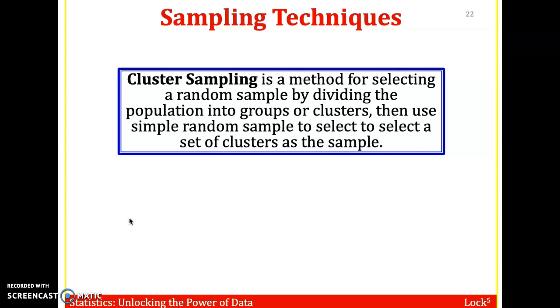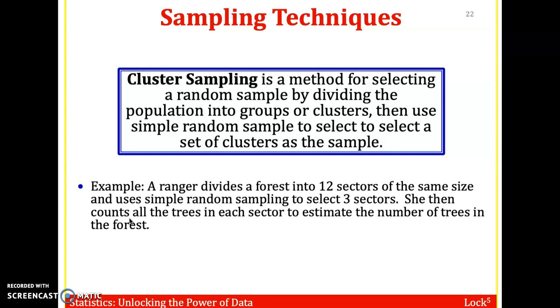There's something called cluster sampling. It's a method for selecting a random sample by dividing the population into groups or clusters, then using simple random sampling to select a set of clusters as a sample. An example of this: let's say a ranger divides a forest into 12 sectors of roughly the same size, and then uses simple random sampling, rolls the dice or something like that, to select 3 of these sectors.